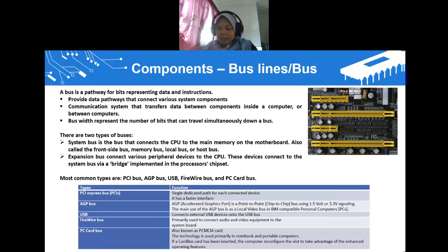The system bus connects the CPU to the main memory, while the expansion bus connects various peripheral devices to the CPU. The most common types of bus are PCI, AGP, USB, Firewire, and PC card bus. All these buses have their own functions.